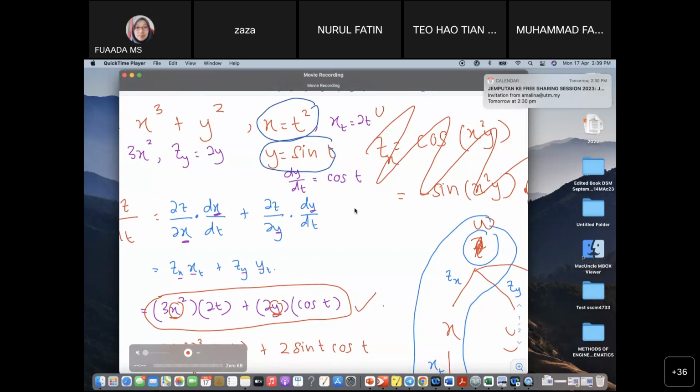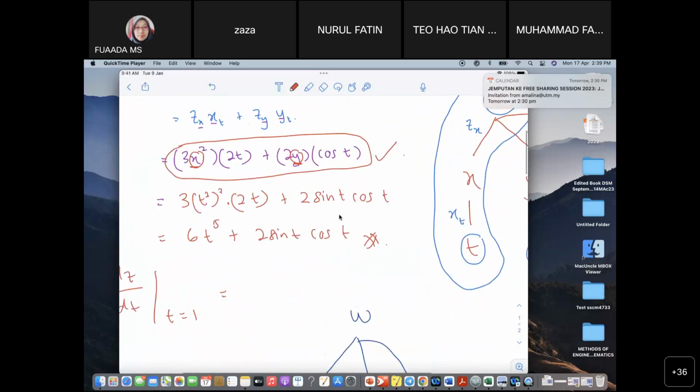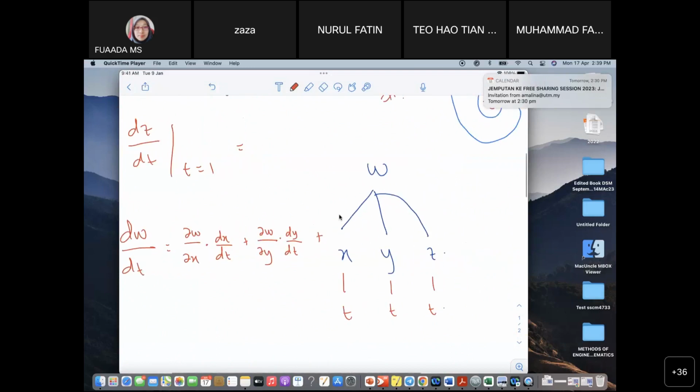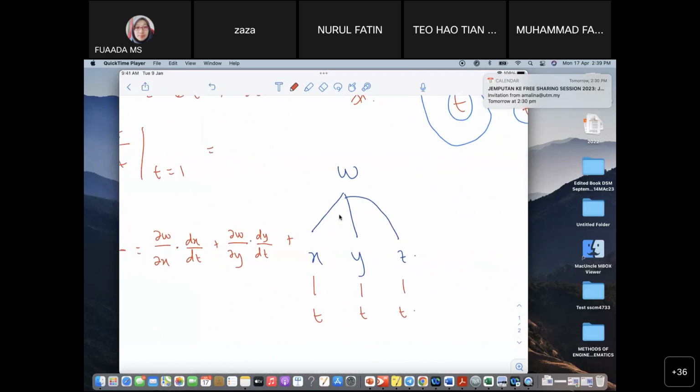Kita kena tambah lagi satu term dekat belakang ni. Okay, tadi 2, now jadi 3 lah. So, we have del w del x dot dx dt plus, now untuk y pula, del w del y dy dt, and tambah lagi satu, dw dz. Saya pindahkan tempat lain.